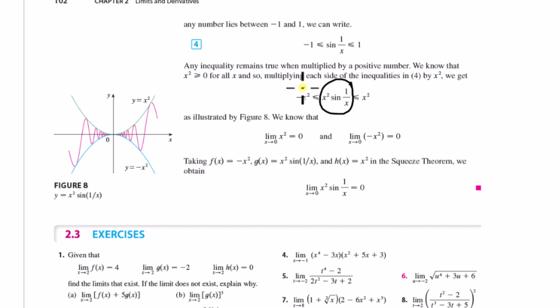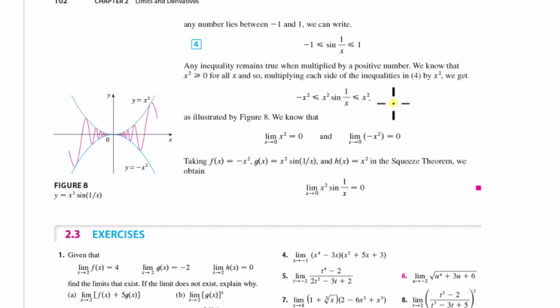We can take the limits of these outer functions and use the properties of this section to evaluate them. As x approaches 0, the limit of x squared is 0, and the limit of minus x squared is 0. At the same time, we have this inequality: no matter what, x squared times sine of 1 over x is, for all x, less than or equal to x squared and greater than or equal to minus x squared.